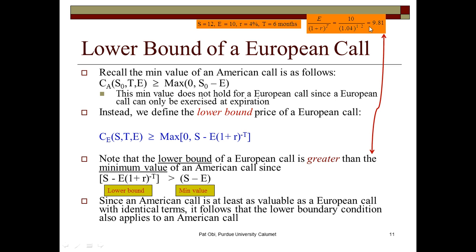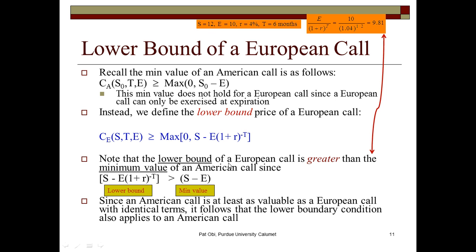So if we take 9.81 and place it here for the present value of E, and then put the value of S here, which is 12, 12 minus 9.81 leaves us with a value of 2.19. So 2.19, which is the lower bound value of a European option, comes out to be larger than the minimum value of an American option, which we determined earlier to be just 2.